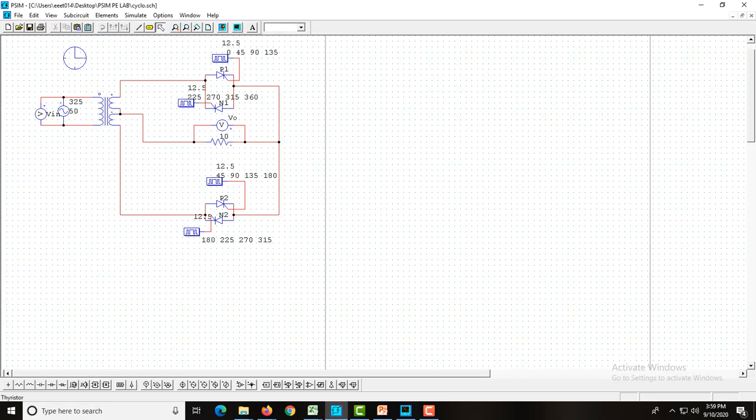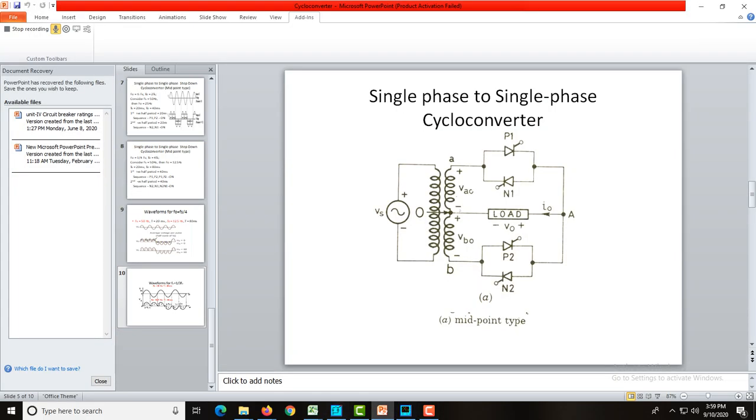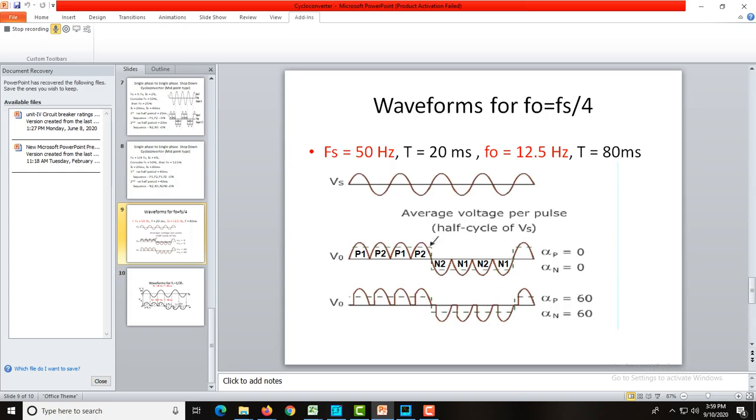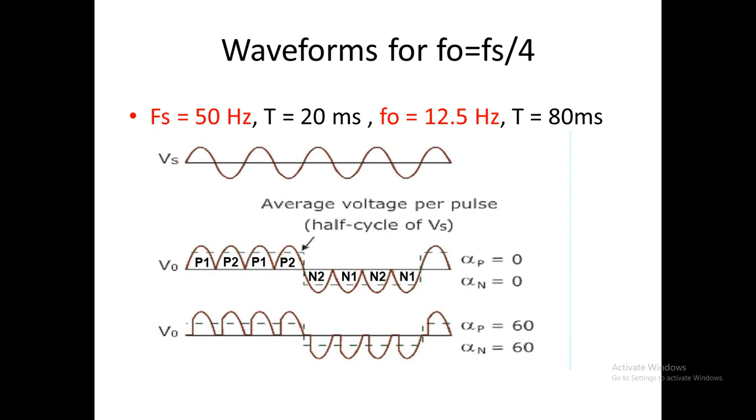12.5 hertz. So for 12.5 hertz, so here we can see, this is your 12.5 hertz. So in 12.5 hertz, 12.5 hertz means 0, 10, 20, 30, 40.